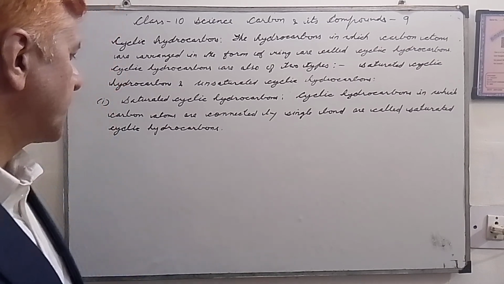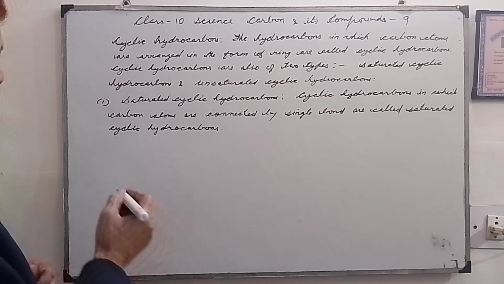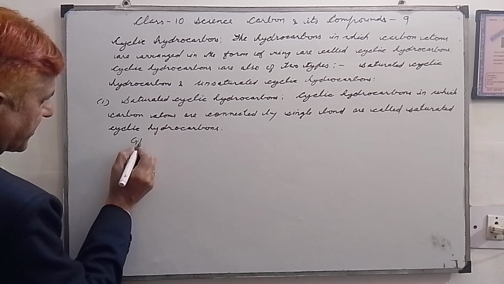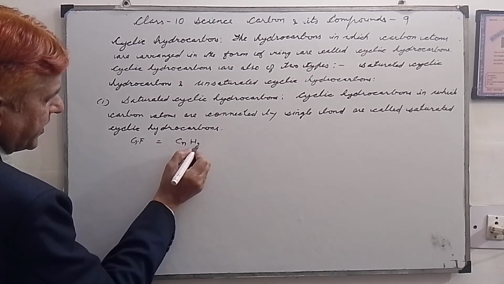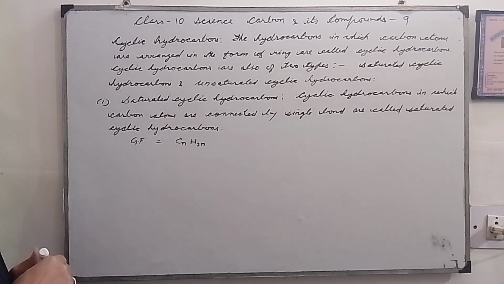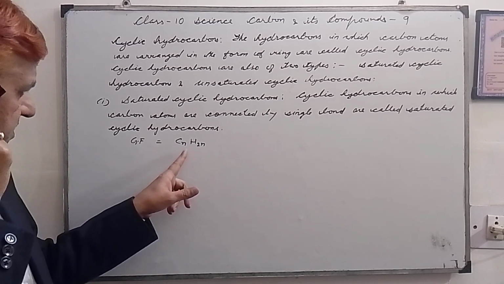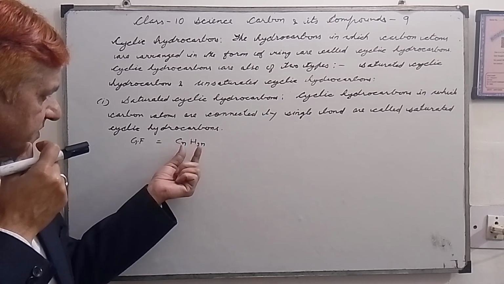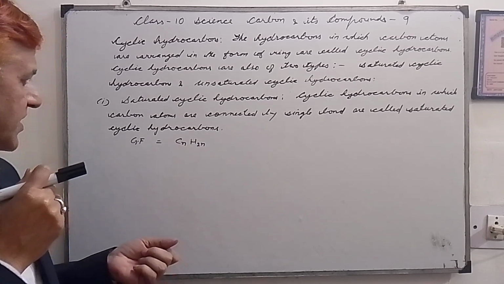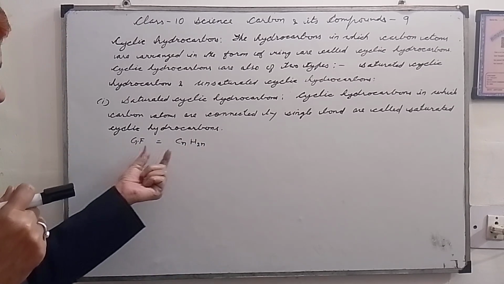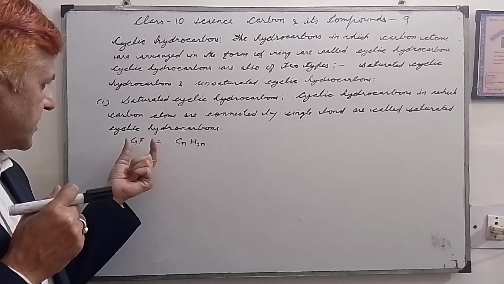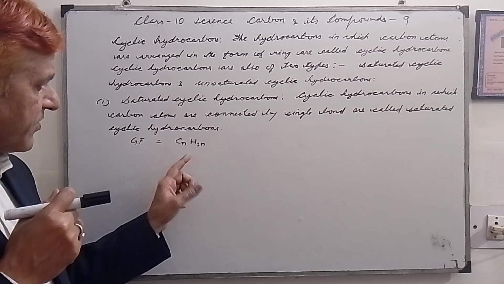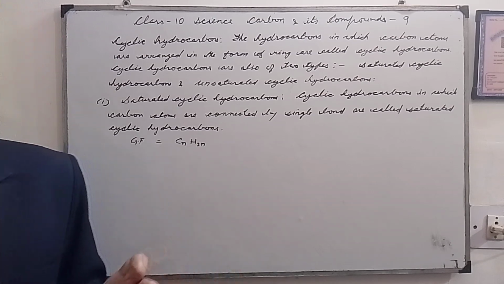The general formula for saturated cyclic hydrocarbon is CnH2n. This is the same as the general formula for alkenes.